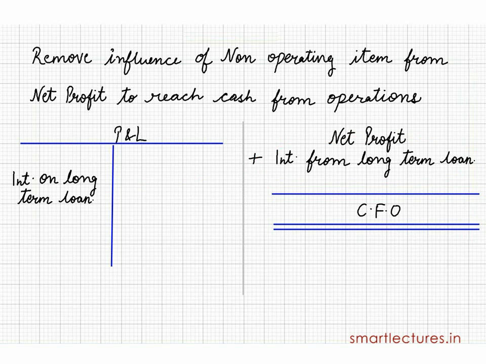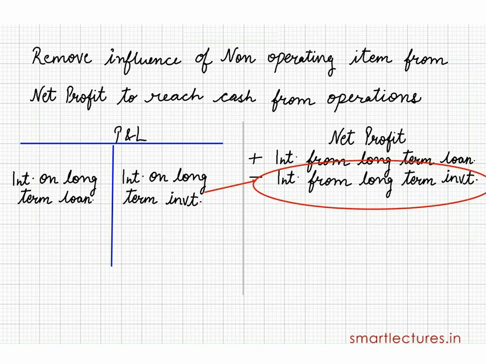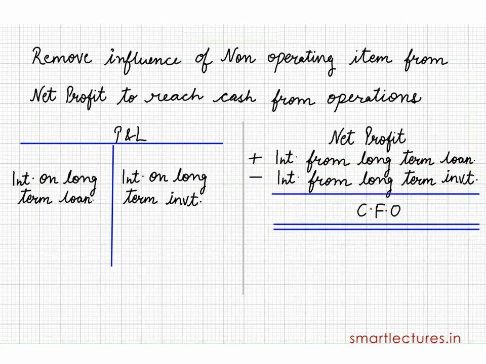In the same way, if you find any item on the credit side of the profit and loss account, that is always income. If you find any interest on long-term investment on the credit side, that will be deducted from the net profit so that we can reach cash from operation.